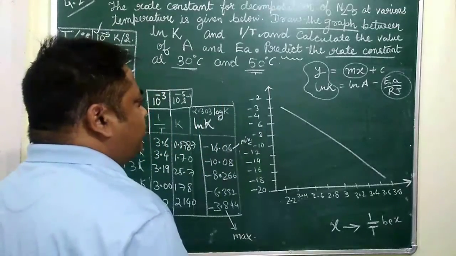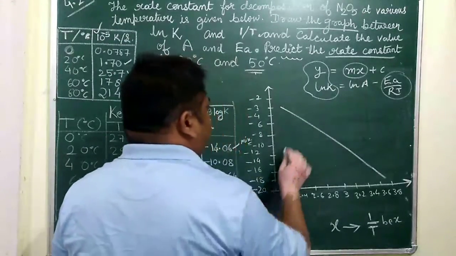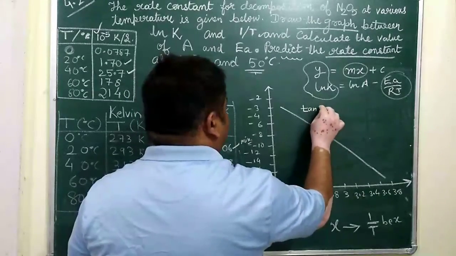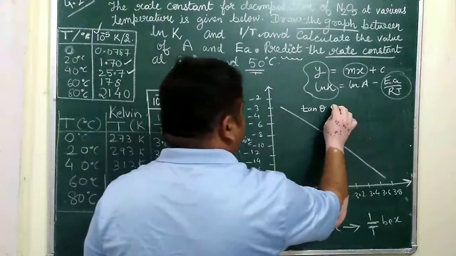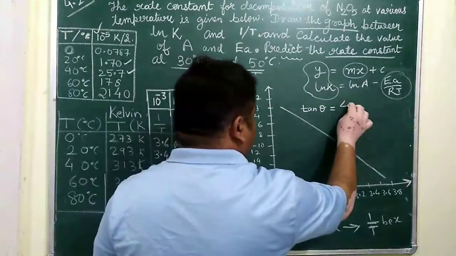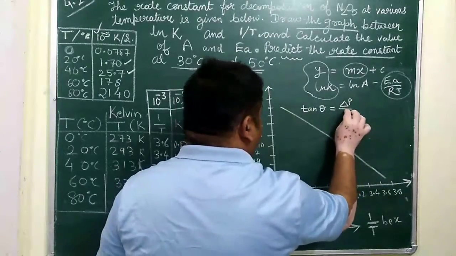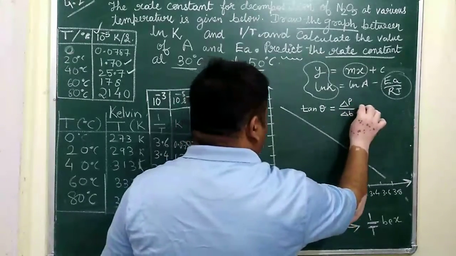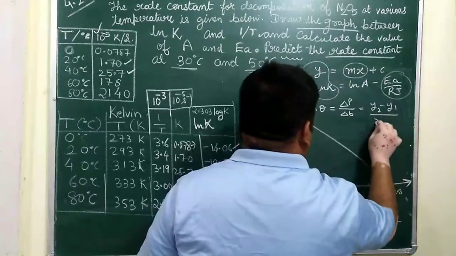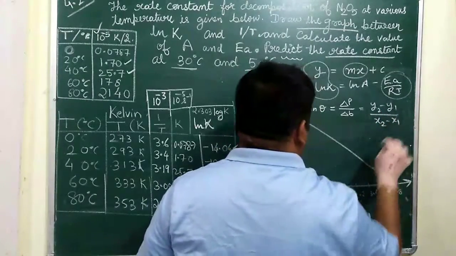This negative slope is nothing but tan theta. Tan theta means perpendicular by base, that means y2 minus y1 by x2 minus x1.